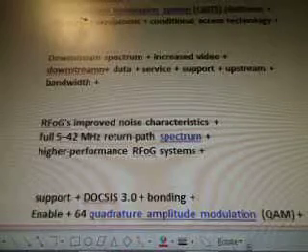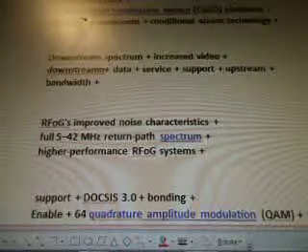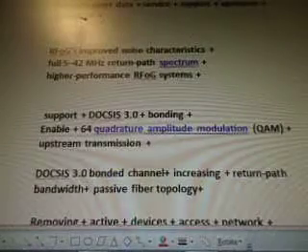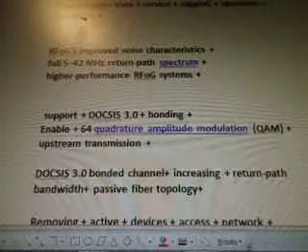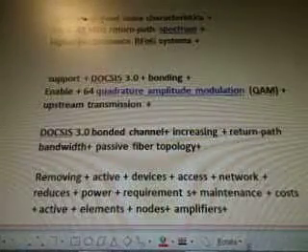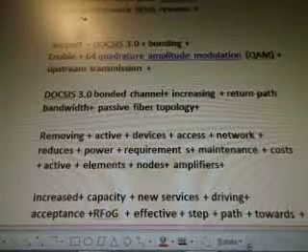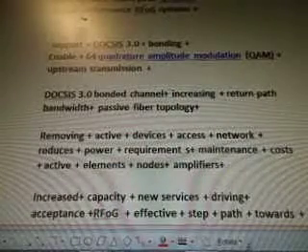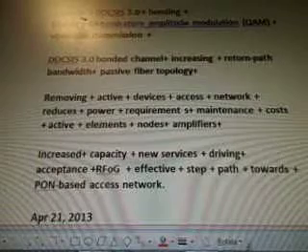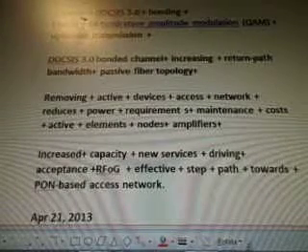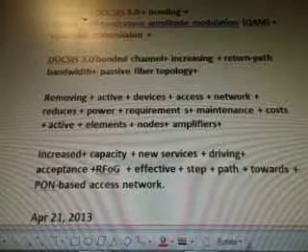Downstream spectrum, increased video, downstream data service support, upstream bandwidth. RFOG's improved noise characteristics, full 5 to 42 MHz return path spectrum. Higher performance RFOG systems support DOCSIS 3.0 bonding, enables 64 quadrature amplitude modulation upstream transmission. DOCSIS 3.0 bonded channel, increasing return path bandwidth, passive fiber topology.